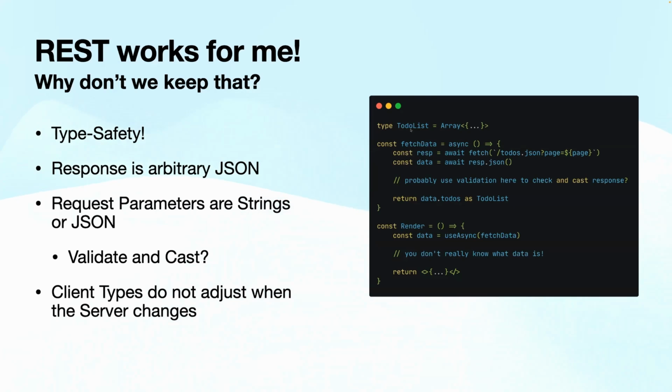But the problem is that this validation and typecasting only helps you at runtime and not at build time. So should your server return something else that you do not expect, only your users will notice, and then you will notice in your error logging tool like Sentry or something.